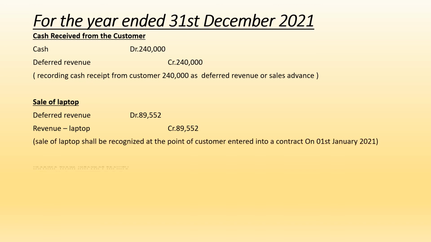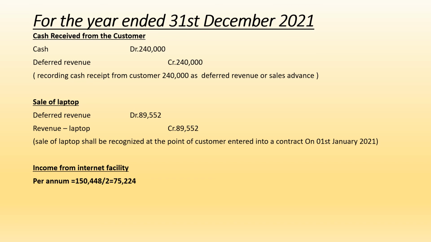Then for the year, we have to record the income from the internet facility. You know that the allocated transaction price for 2 years is 150,448. Now to calculate the per year internet facility income, we have to divide this by 2.